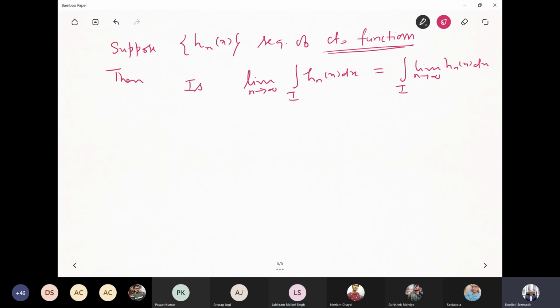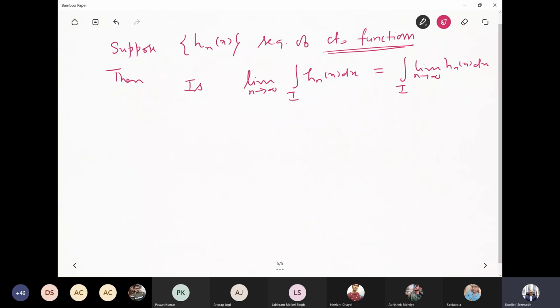Uniform convergence is required. Any other? Okay. So what is the kind of convergence that is required to pass this limit inside?